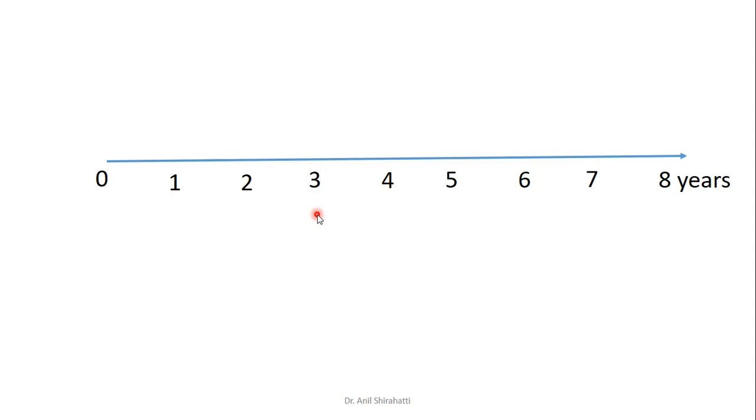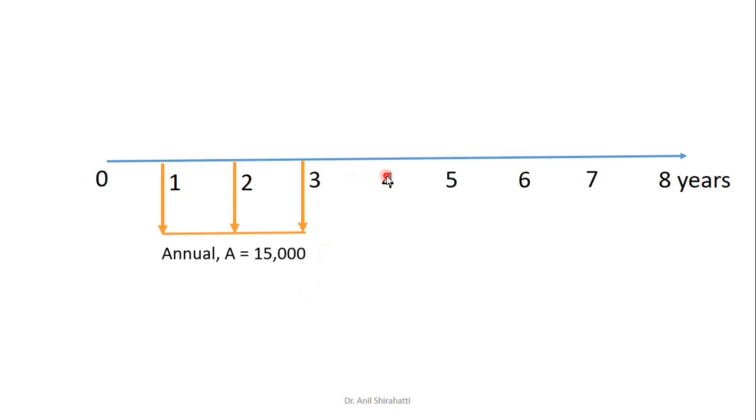And what about that payment amount? It is rupees 15,000 each. So at the end of first year 15,000, at the end of second year 15,000, at the end of third year 15,000. So each year he has made a 15,000 payment.